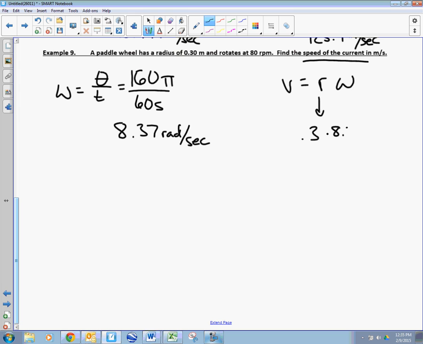Velocity is equal to 0.3 times 8.37, which is 2.5. What's our label? Meters per second. We did the conversion. How's that? Not too bad, huh?